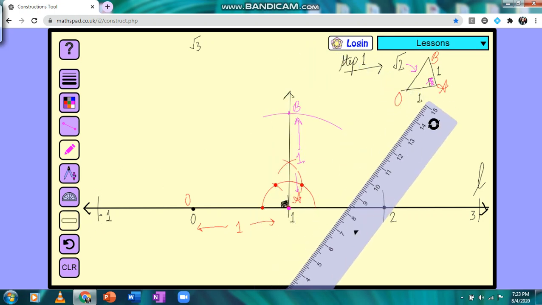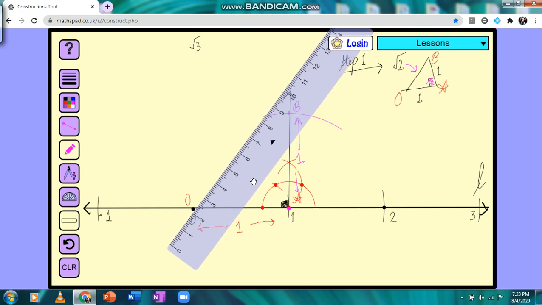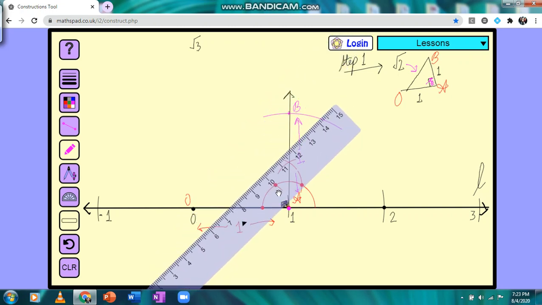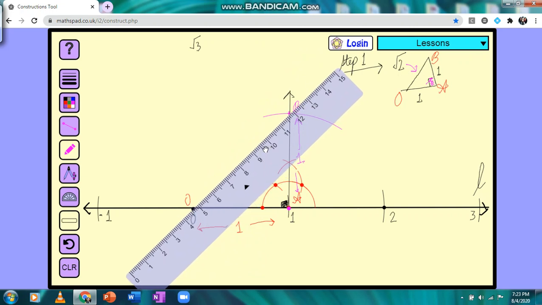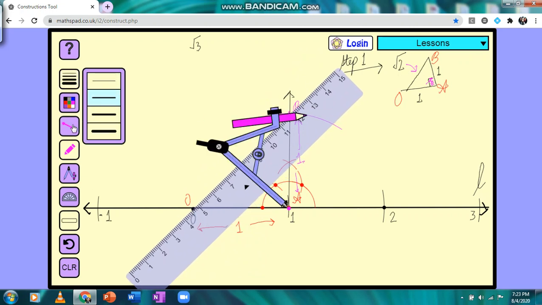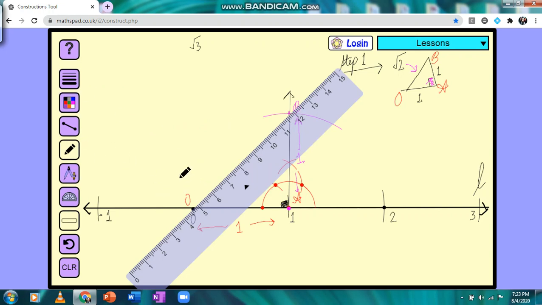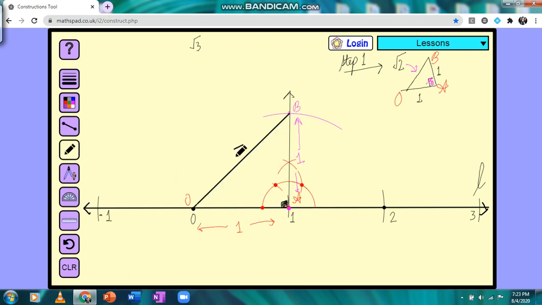So let's join this point with point B. So this represents square root of 2.